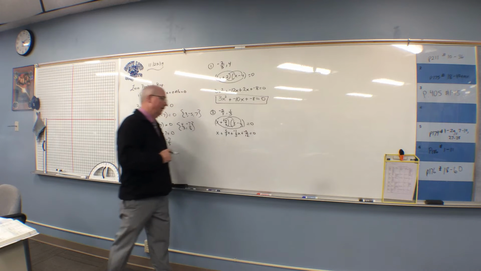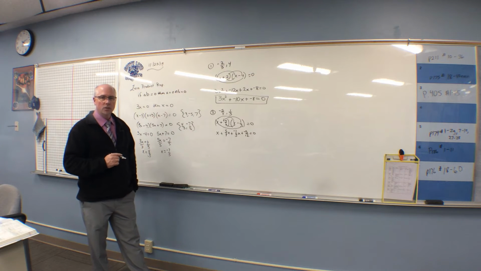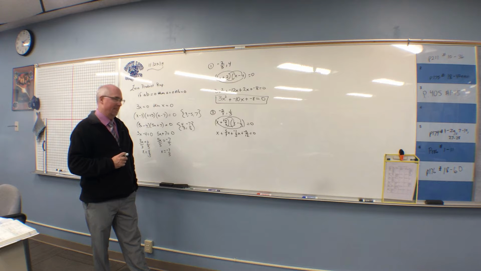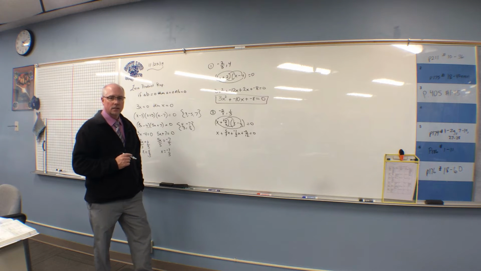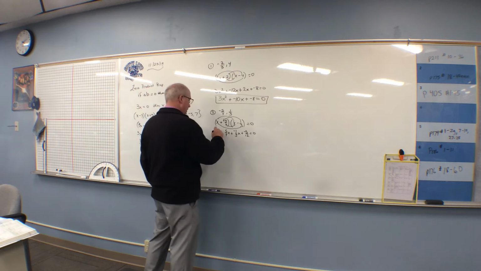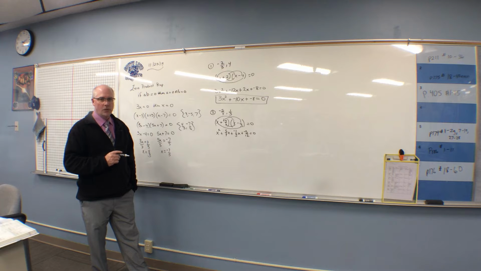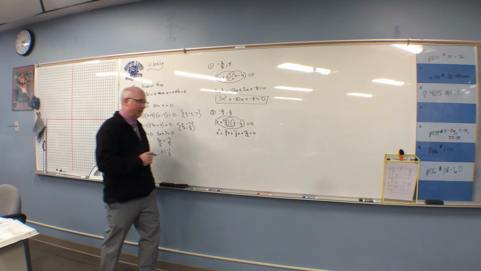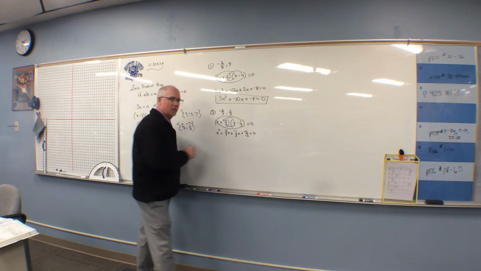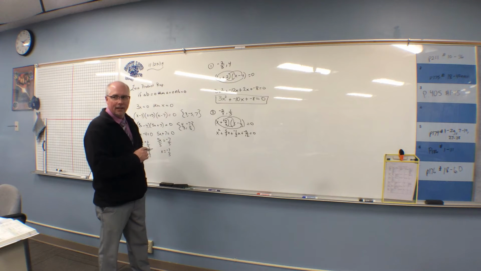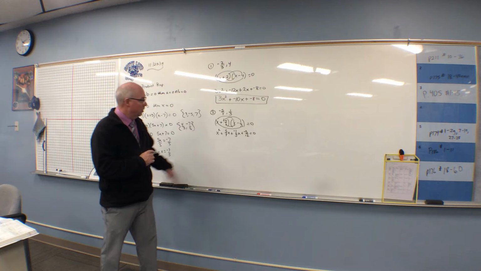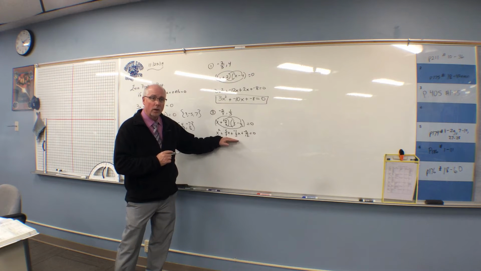But I'm going to show you a little trick I learned in the Coast Guard. Is it x squared on the first one? Yes, it is. We're going to multiply them all by the least common denominator, which is 12.